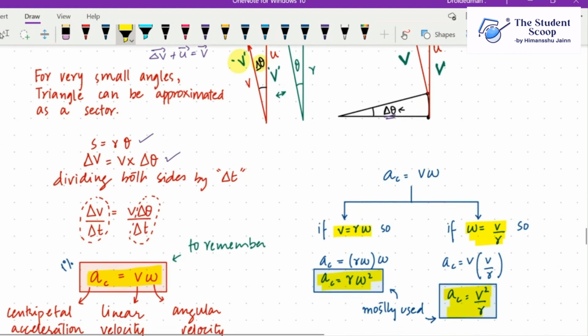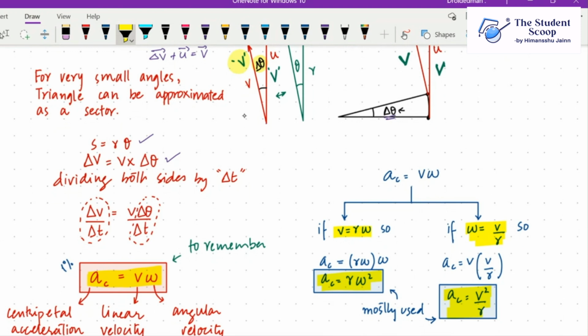Now this is the most commonly used. One more equation you will find in the data booklet: if I replace omega by 2 pi by T, whole square, for a equal to r omega square, you will get this as 4 pi square r over T square as a relationship.